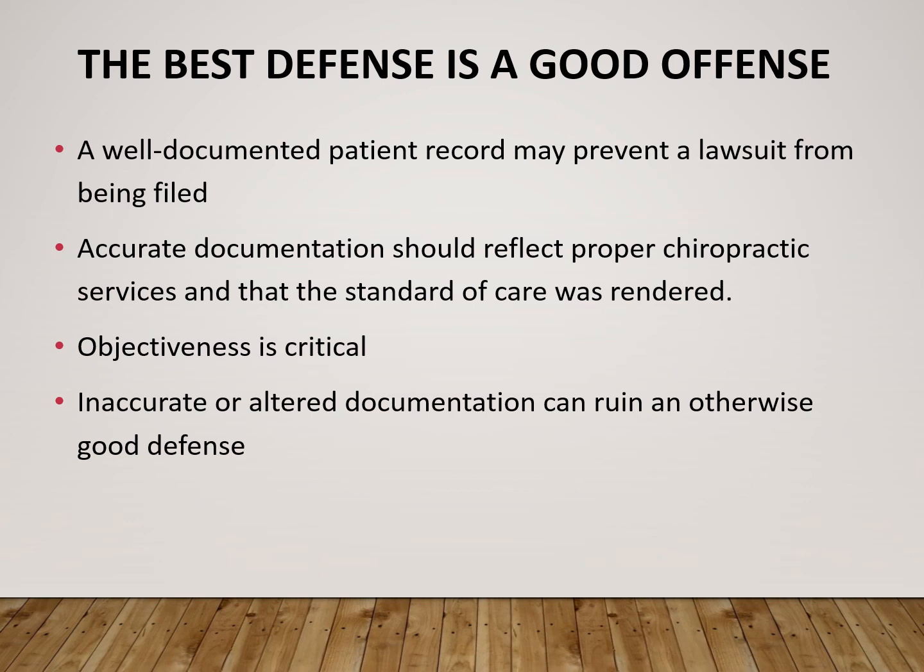Also, documentation should be accurate and it should properly reflect the chiropractic services that were rendered and that the standard of care was followed. You also want to make sure that you are always objective in your assessment of the patient, that the things you write in the patient record are objective. You want to avoid personal commentary and opinions about the patient.